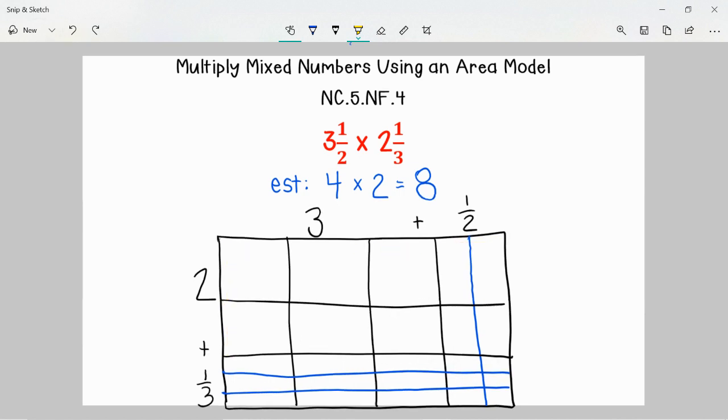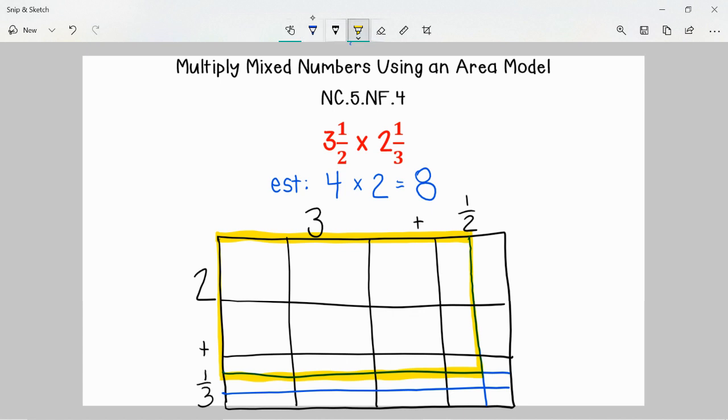So let's first outline the part that we need. We're going to be looking at 3 and 1/2, times 2 and just 1/3. So now we know that we are focused on just this part that's outlined there in yellow.